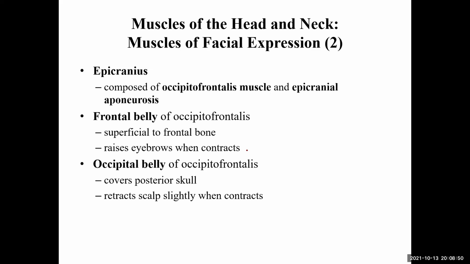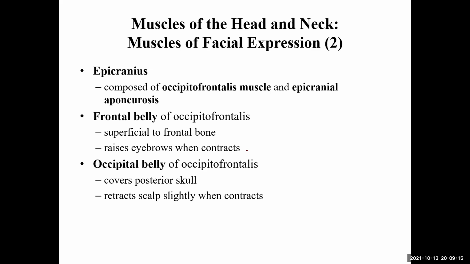When we're talking about the muscular portion of epicranius, the part that sits right on your forehead is the frontal belly of occipital frontalis. We have another name for that, and I'll show you. I don't want to confuse you right now, but there's another name for this muscle. It sits right on your forehead and helps you to raise your eyebrows.